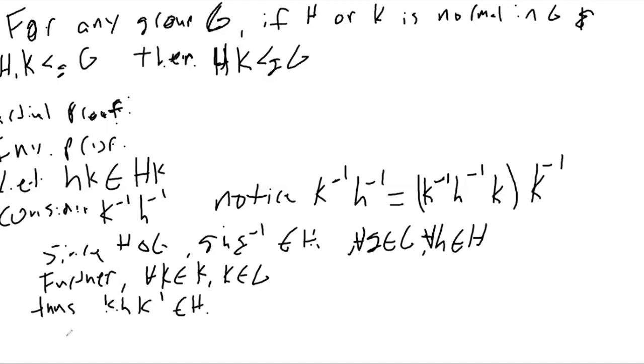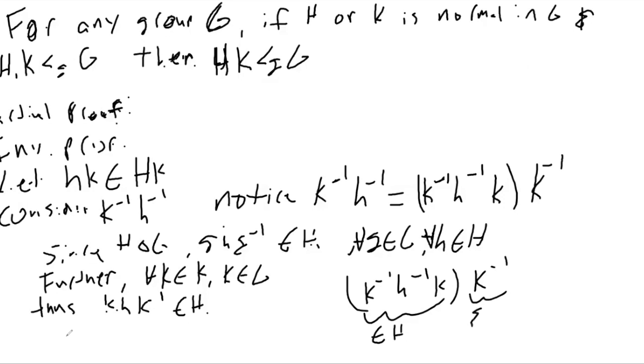So that takes us back to here, this k h k inverse that we're considering, or k inverse h inverse k inverse here. We've just figured out that this is an element of H. Now we just need to show that this k inverse is an element of K. And if we've done that, then we're done with the proof.